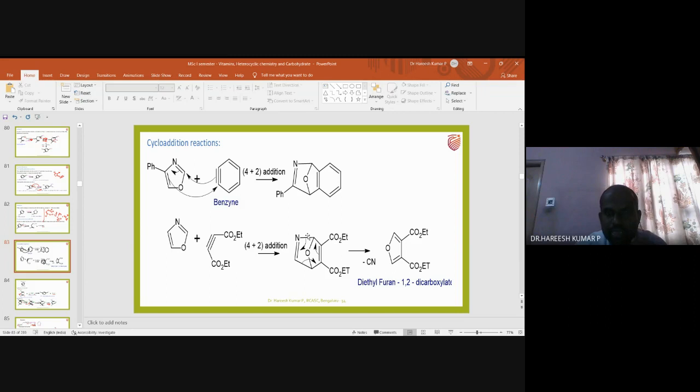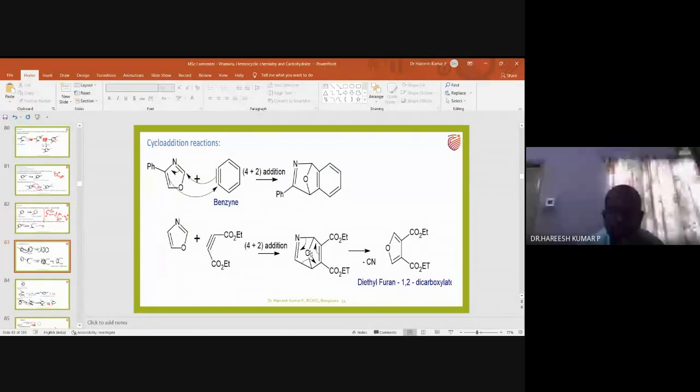That is how an intermediate is obtained. The intermediate then undergoes rearrangement. This is called an electrocyclic reaction.